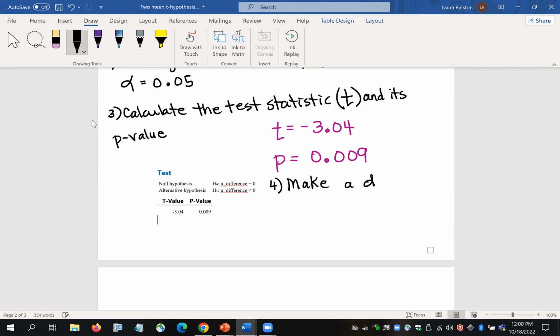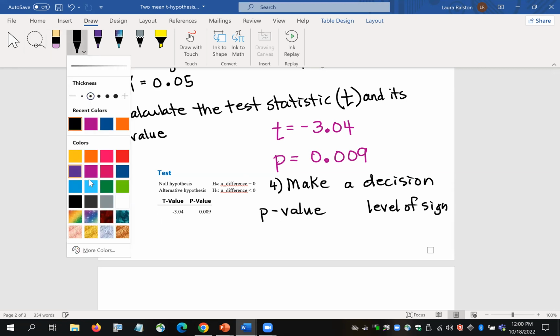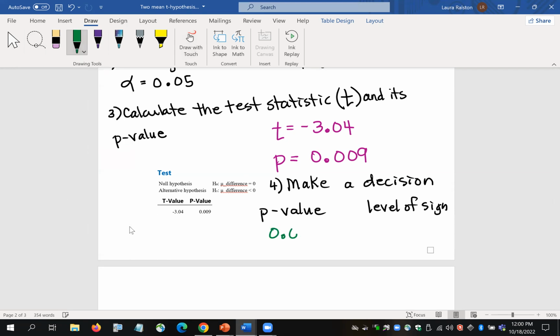I know y'all get tired of hearing me say that, because I have to keep saying it over and over. So we compare our p-value to our level of significance. Okay, so my p is 0.009. My level of significance is 0.05.